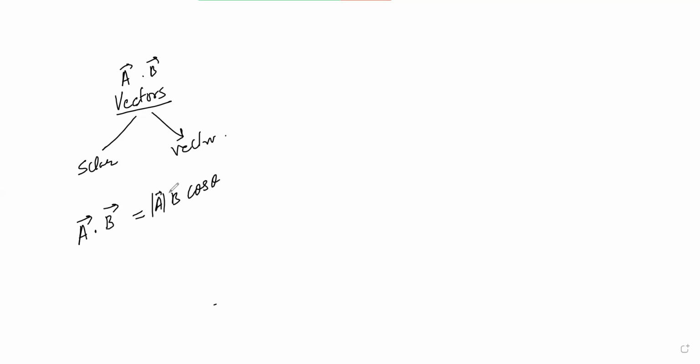Either you can say magnitude of A and magnitude of B times the angle between the two, cos theta. Or you can say it is magnitude of A times B cos theta, which is the component of B along A. Or you can say this as A cos theta into B, which is the component of A along B. Did you understand?